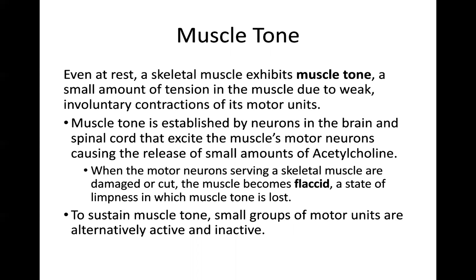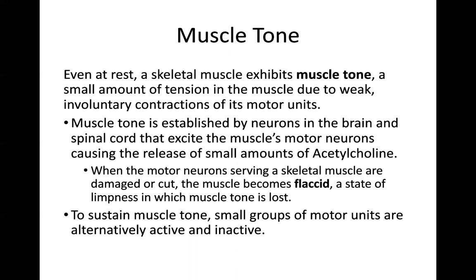Even at rest, skeletal muscles exhibit this muscle tone, a small amount of tension due to weak involuntary contractions of its motor units. It's established by neurons in the brain. It also involves spinal cord signals coming out, exciting the muscle motor neurons, releasing small amounts of acetylcholine.